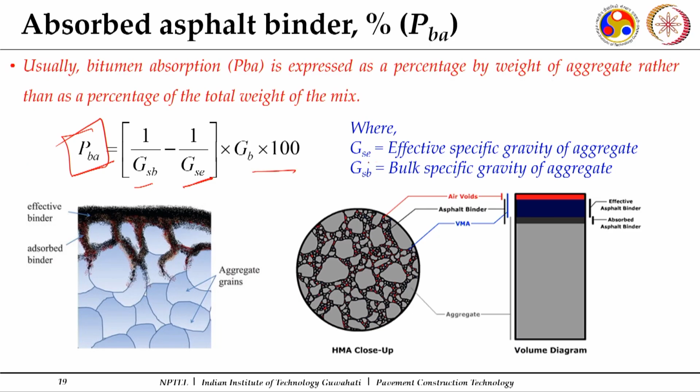Here GSE is the effective specific gravity and GSB is the bulk specific gravity. I just want to see how much amount of binder has gone into the surface, and this is with respect to the weight of total aggregates. Other parameters which I was working out were with respect to the weight of my mix. Here this is expressed as a percentage by weight of aggregates rather than a percentage by total weight of mix.